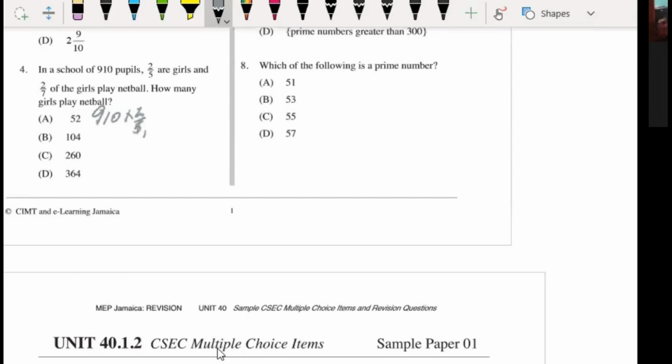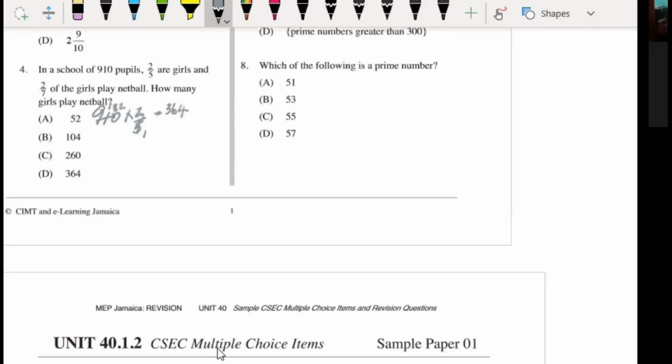We're just going to eliminate the common factors. 5 into 9 one time, and 4, 5, 8, 40, and 5, 2, 10. So this would give us 364 girls.